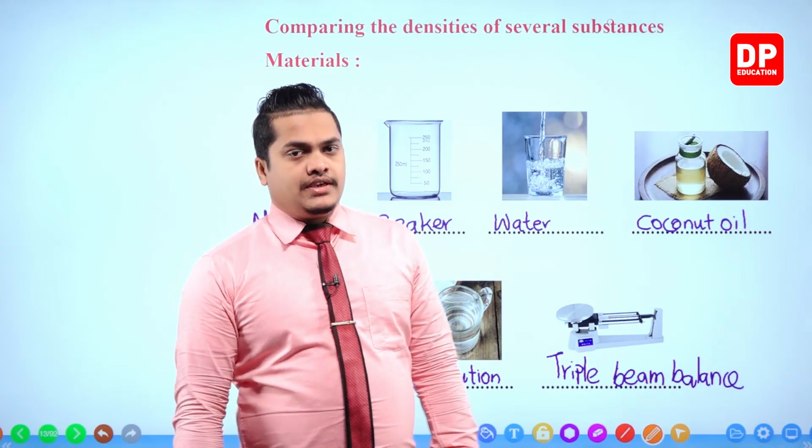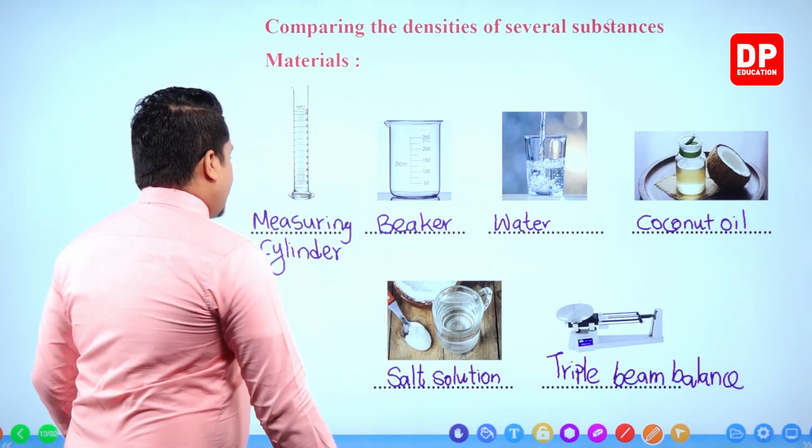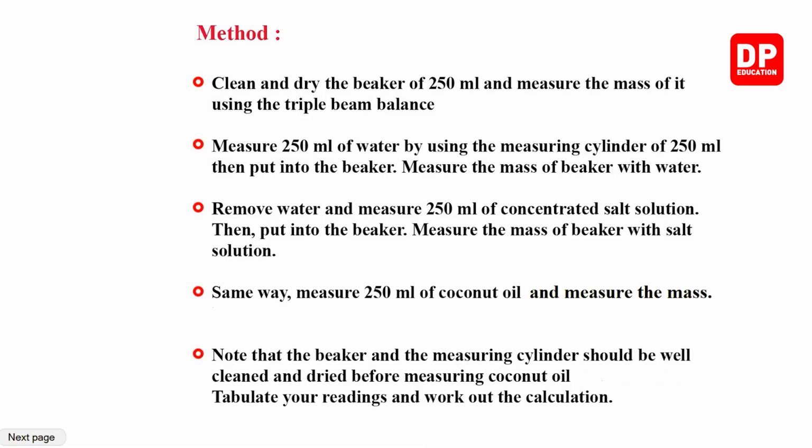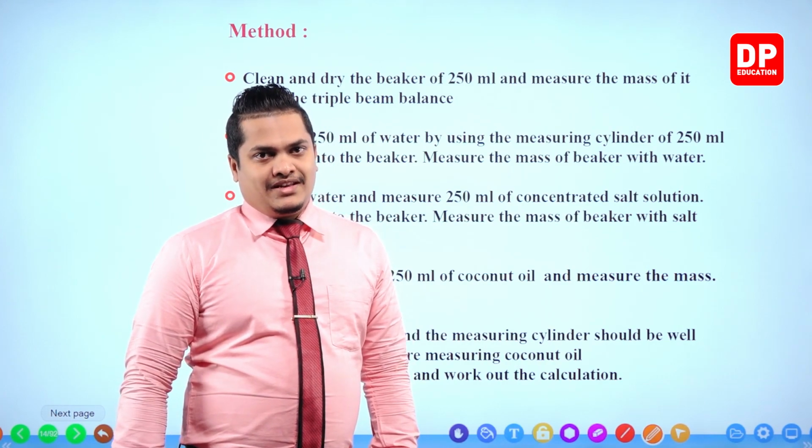Now let's head on to see how to conduct the activity. Clean and dry the beaker of 250 milliliters and measure the mass of it. The beaker that we are going to use is 250 milliliters. If you want, you can use even greater than that, but it's probable to use a 250 milliliter one.